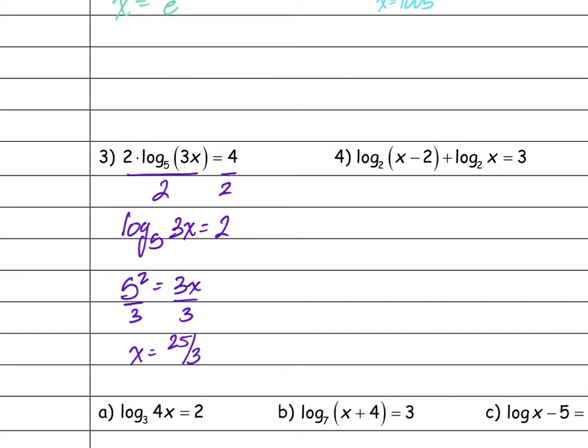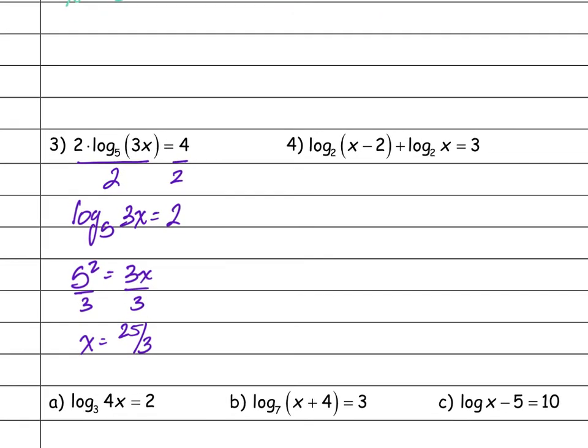Now, when I'm solving logarithms, I usually leave it as a fraction instead of a decimal. It's the difference between solving it when it's an exponent to a logarithm, because logarithms just give me decimals. It doesn't matter if I use a calculator, it just gives me decimals. But usually when I'm solving a logarithm and switch it to an exponential equation, I can get a fraction, and you can just leave it as a fraction, okay?